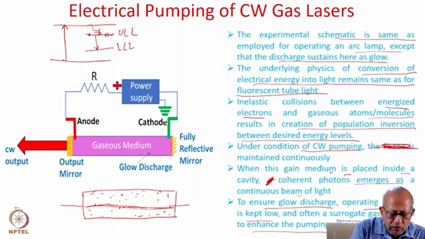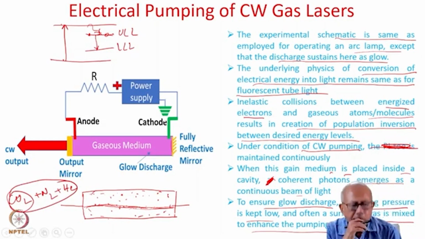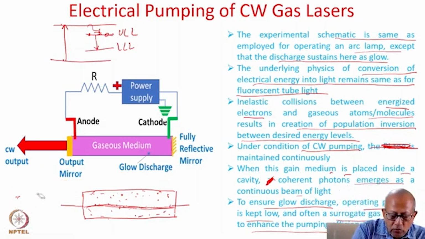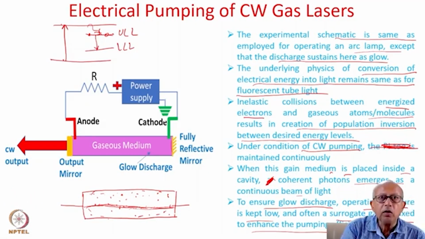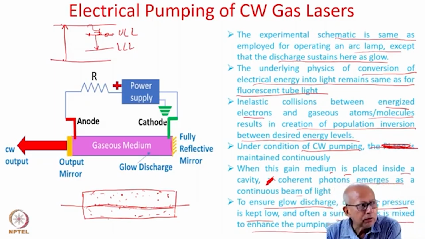Or for that matter, for the CO2 laser, the light emitting species is of course the CO2 molecule, but nitrogen and helium are also added in very large quantity to enhance the efficiency of pumping and the operating efficiency of the laser. These will be discussed in detail when we study the individual lasers like the helium neon laser or carbon dioxide laser in some of the future lectures.